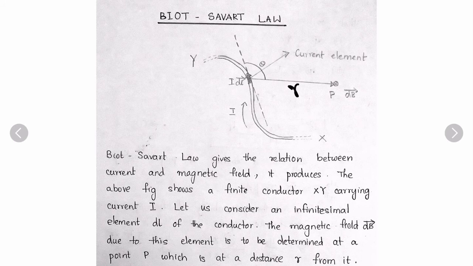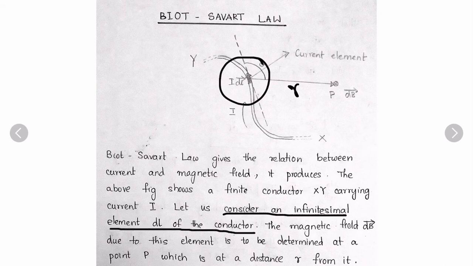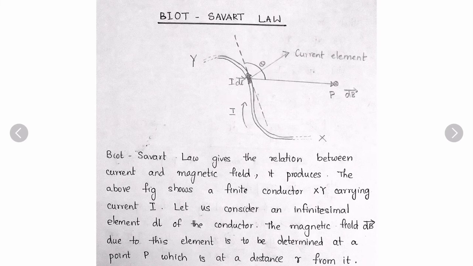Now let us consider a small element dl bar, that is what we have taken here. Here I have written, let us consider an infinitesimal element dl of the conductor. The magnetic field dB bar due to this element we have to determine at a point P, which is at a distance r from the dl element.